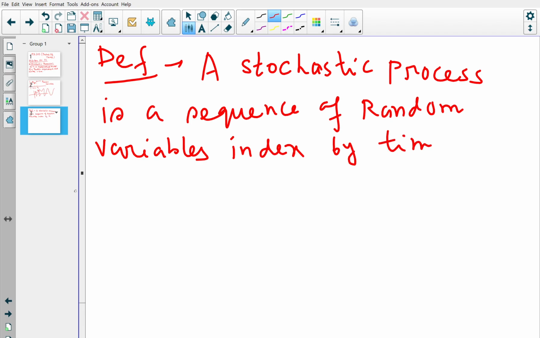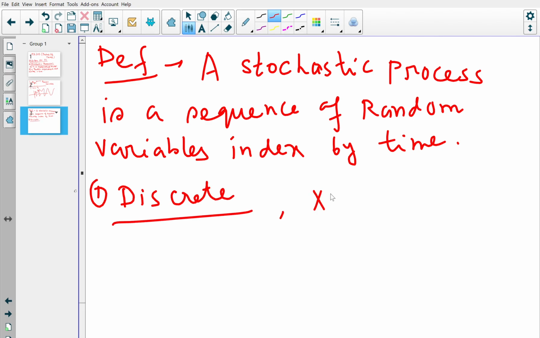Okay. So you can have two types. Discrete process: what does that mean? That means here you have a sequence like x1, x2, x3, and so on. This is a discrete stochastic process, and each of these xi's is a random variable.